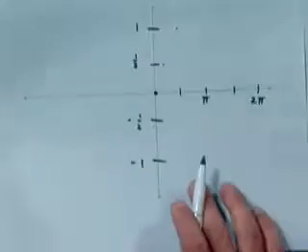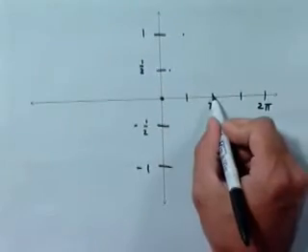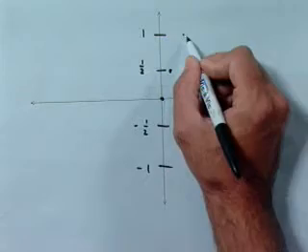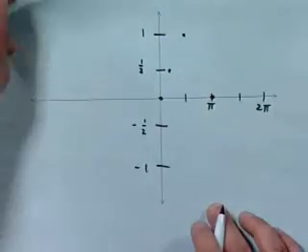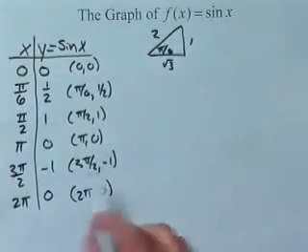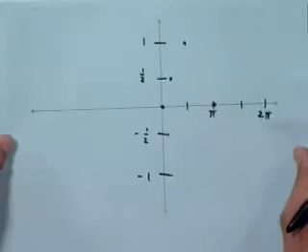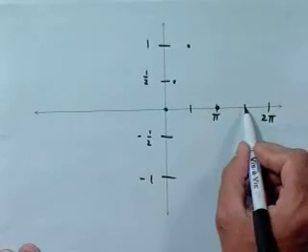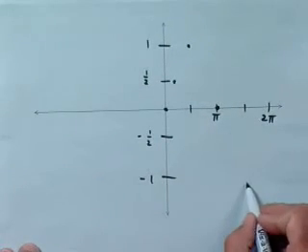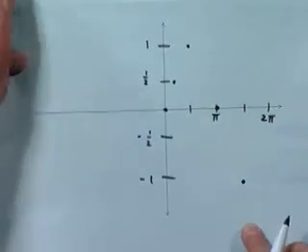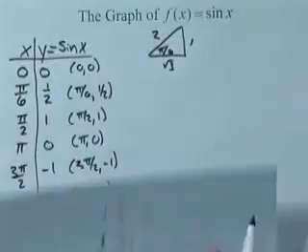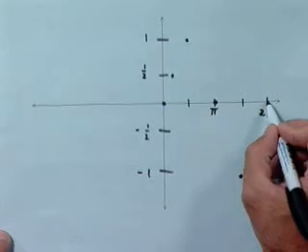Then I chose pi, 0. So there's that point. Next point I chose was 3 pi halves, -1. Certainly you can choose a lot more than this. So there's 3 pi halves, -1 down here. And then finally 2 pi and 0.